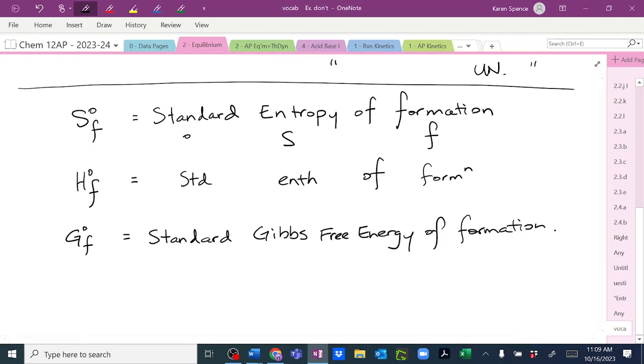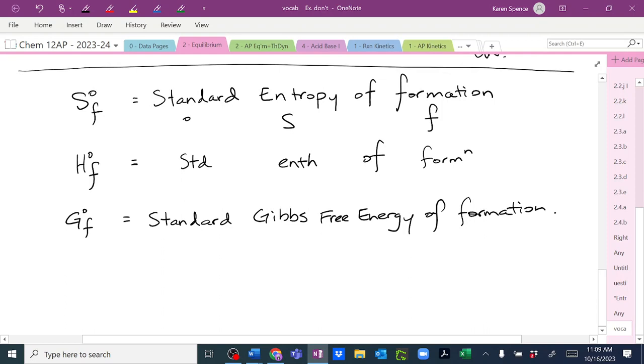Do you remember how last day I said nothing actually has an entropy of 0 because nothing is at 0 Kelvin? Okay, that is true, but the reason I said that is because when we use the formulas, we have all these three things and we use them all in these formulas where we have delta G naught of reaction is equal to the sum of what?